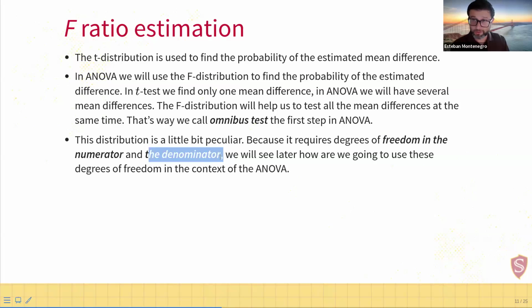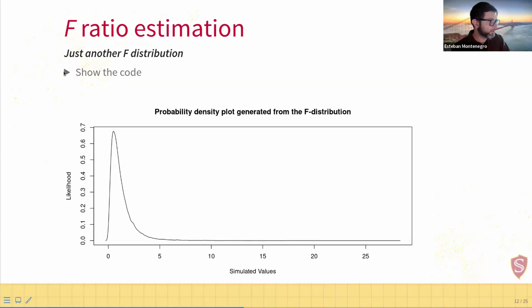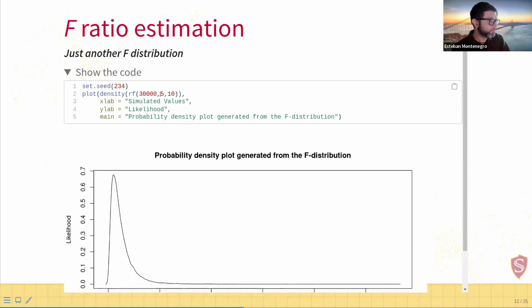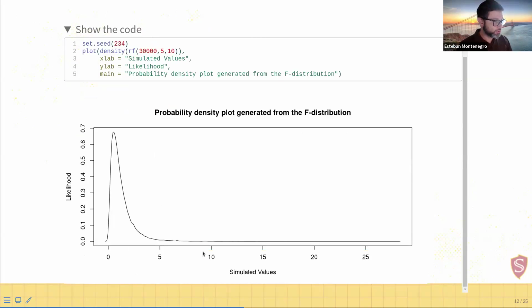It's more like a fraction, right? So if you see my code here, I have 2 values right here. So this is the numerator and denominator. These are degrees of freedom. The degrees of freedom are shape parameters, telling the distribution how the shape is going to be.